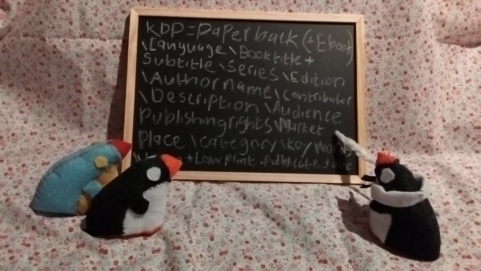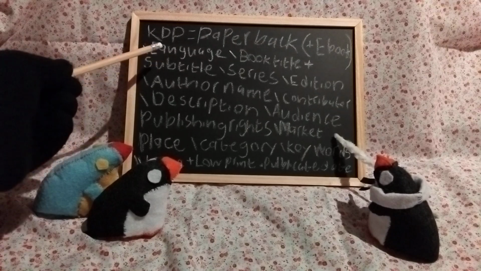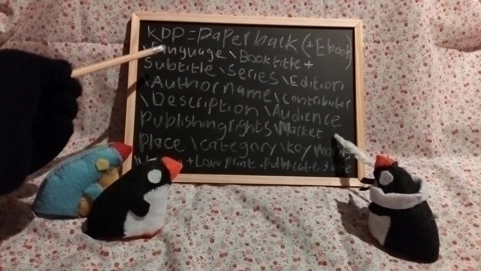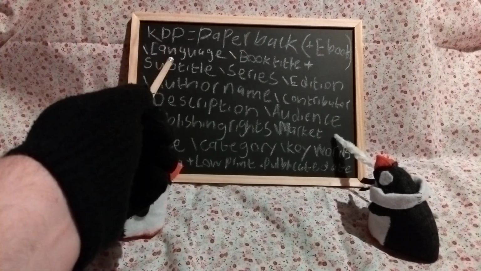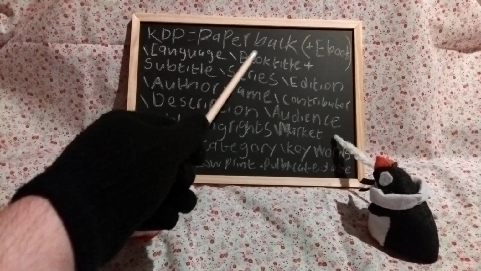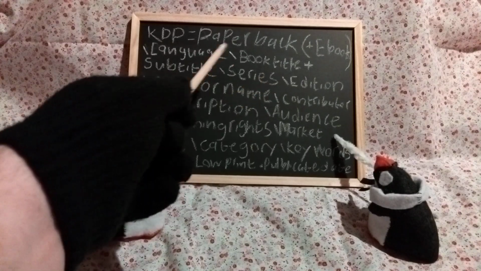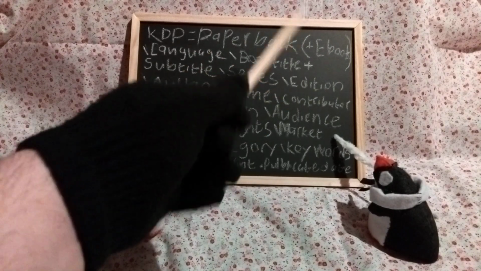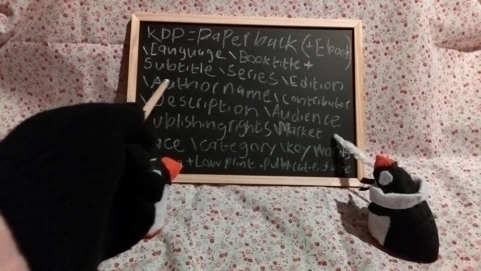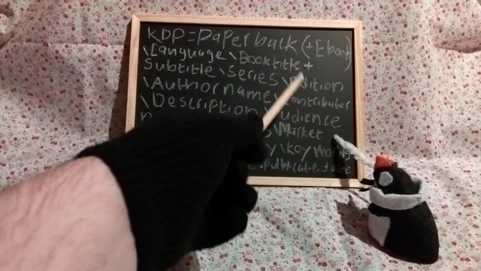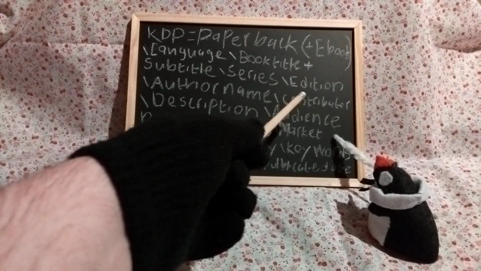Now, for publishing your creative output with KDP, you will be asked to provide the language of the book, essentially what language it is in, English or French, etc., the book's title, as well as any subtitles you've decided to give it, whether or not it's part of a pre-existing series, in which case which one, is it already with KDP or is it a standalone novel, which edition it is, has it been published previously or is this the first time, the author's name, so essentially your own full name again, and any contributors to the novel. You're allowed up to 9 of these, be aware of that.